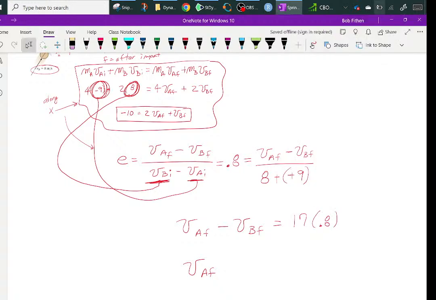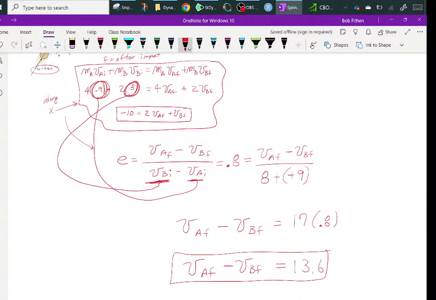Let's hit it right there. Okay. So that's 13.6. Now for the first time, I have this equation and that one I can put together.